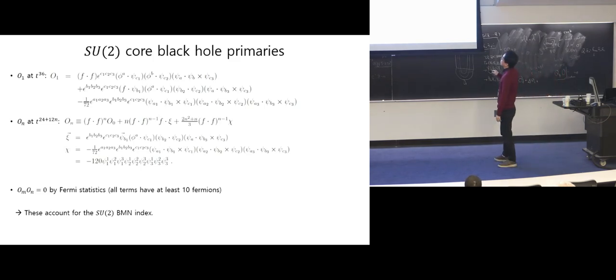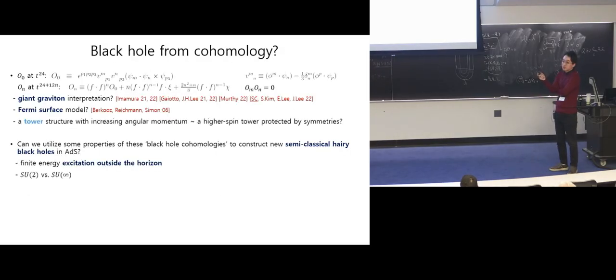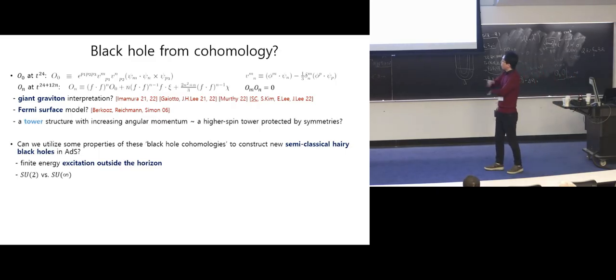One interesting thing is that if you multiply any 2 of these fortuitous operators, it becomes 0 by Fermi statistics. So these operators account for the SU2 BMN index. So at least in the BMN sector of the SU2 theory, we found all the BPS operators accounting for the index. So we know all the operators, and what we can do from this.